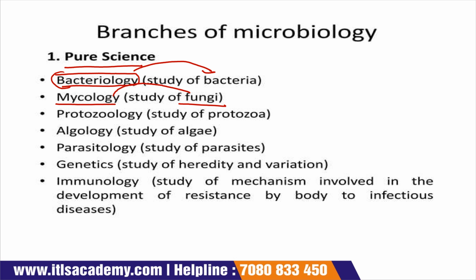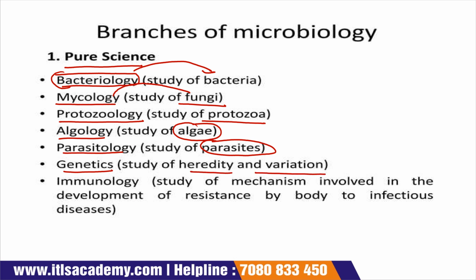Then the next is protology, in which we study protozoa. Then algology, in which we study algae. Then parasitology, in which we study parasites. Then genetics. In genetics, we study heredity and variation.